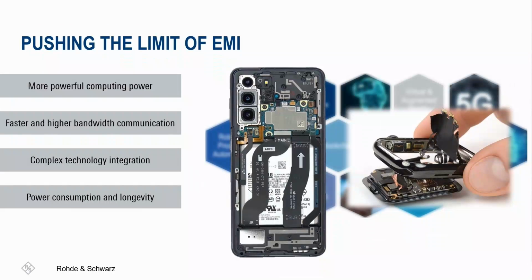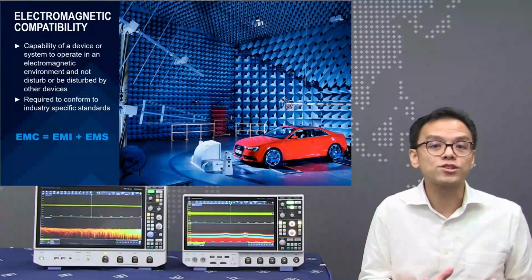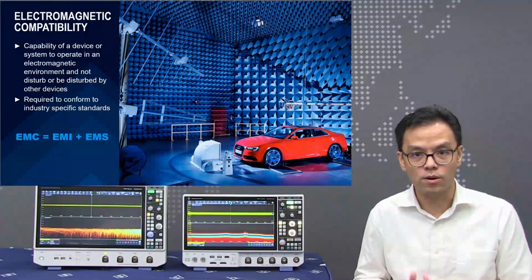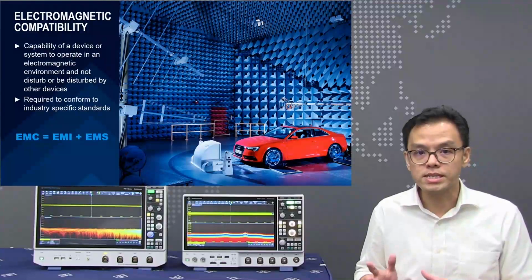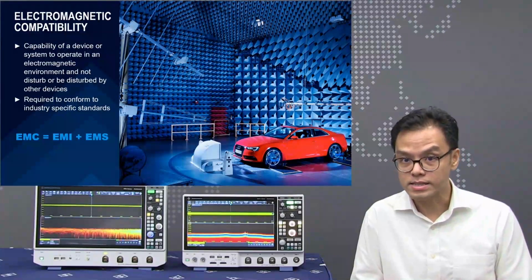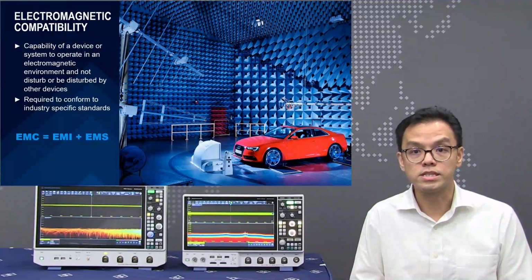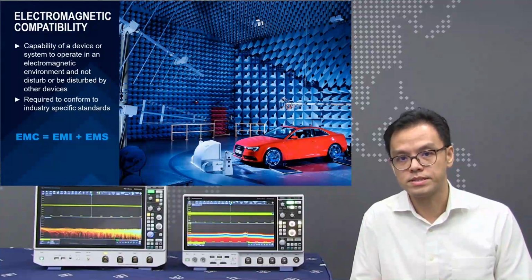This closeness of components increases the risk of interference, pushing the boundaries of electromagnetic interference. This is where electromagnetic compatibility, EMC, regulations comes into play, serving as a guideline to ensure devices and systems remain robust when subjected to disturbances while emitting very limited interference.